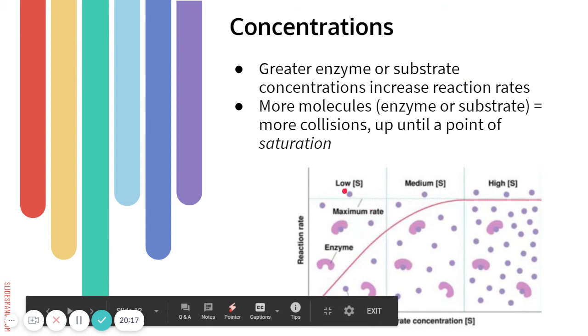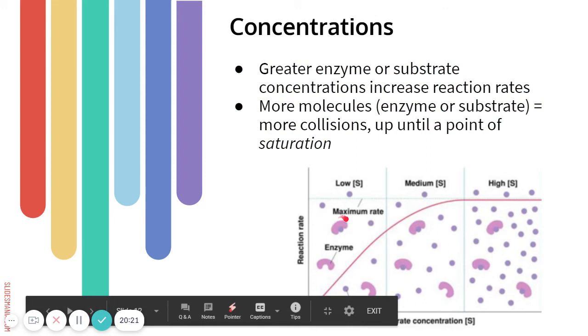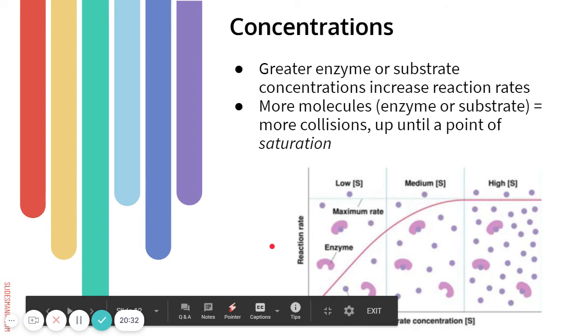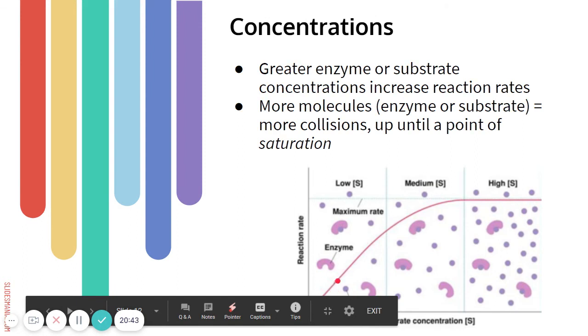So this is looking at these little purple molecules, which are the substrate, and these pinkish bean-shaped molecules, which are the enzyme. And so here you can see, you always have three enzymes that stay constant. But if you only have a little bit of substrate, they're not going to bump into each other very often. And so you can see that only one of those three enzymes has a substrate attached to it, and the reaction rate's kind of low.